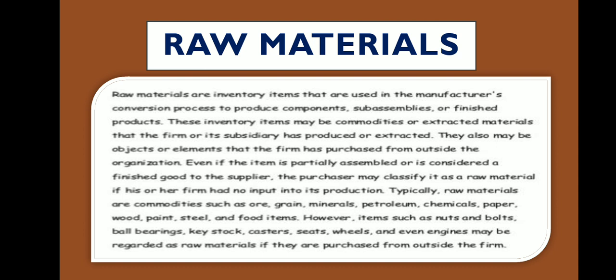They also may be objects or elements that the firm has purchased from outside the organization. Even if the item is partially assembled or is considered a finished good to the supplier, the purchaser may classify it as raw material if his or her firm had no input into its production.